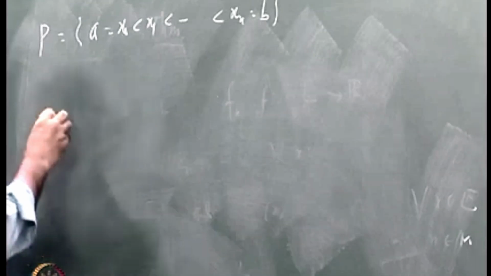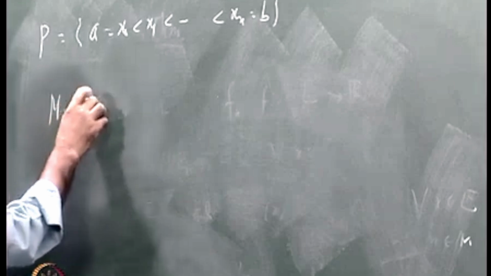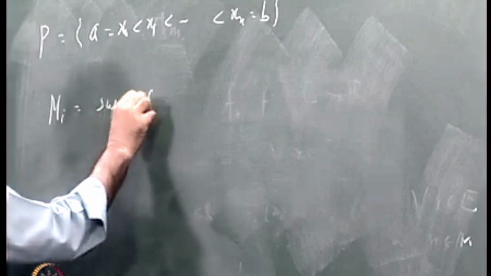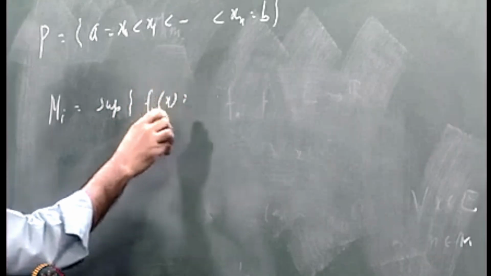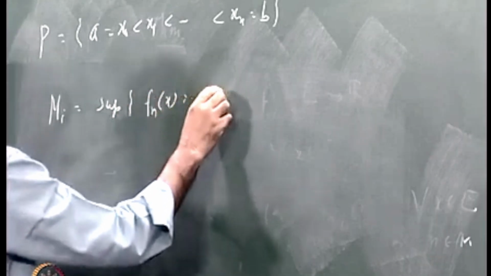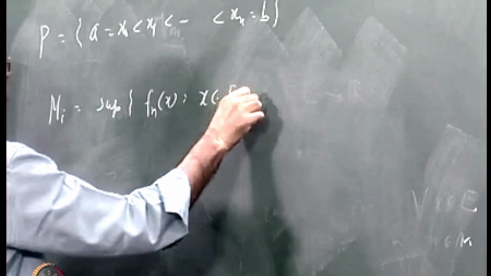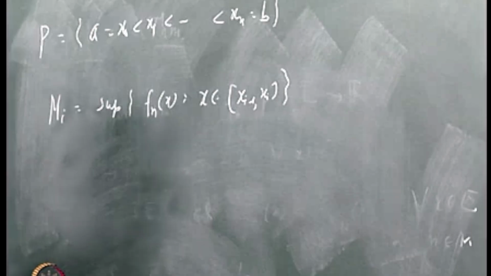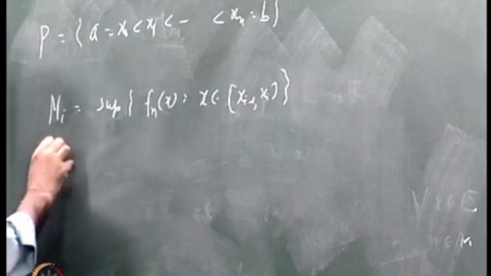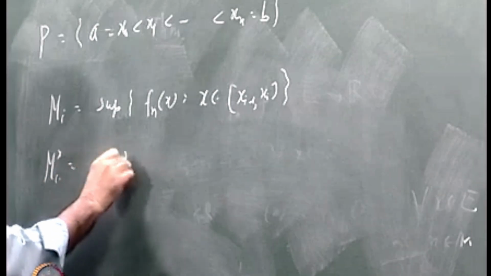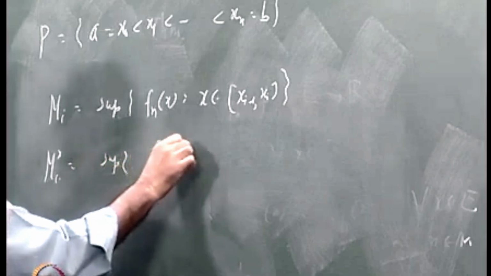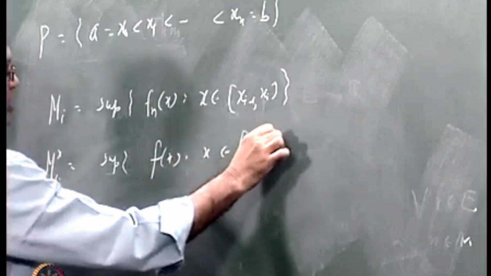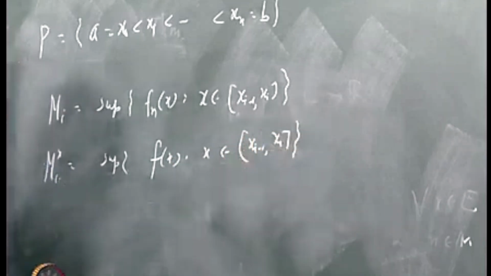So suppose mi is equal to the supremum of fn x for x in [x(i minus 1), xi], and let mi star be equal to the supremum of f x for x in [x(i minus 1), xi].